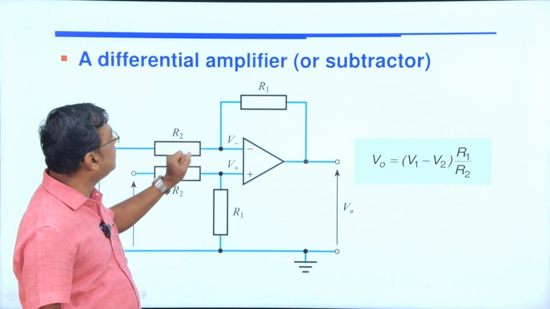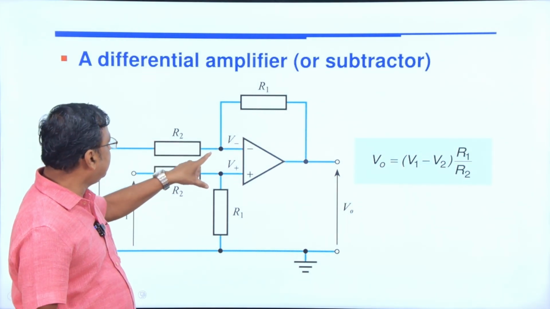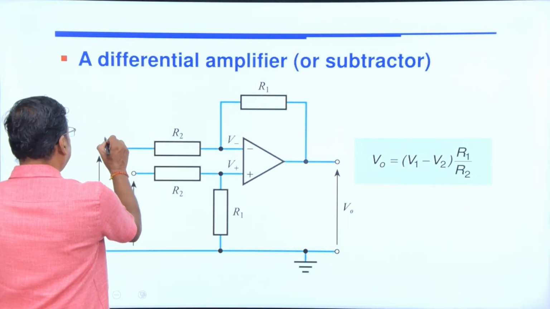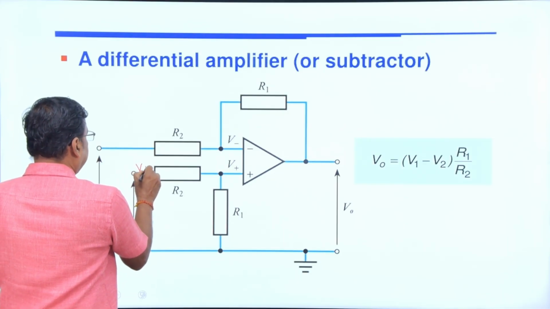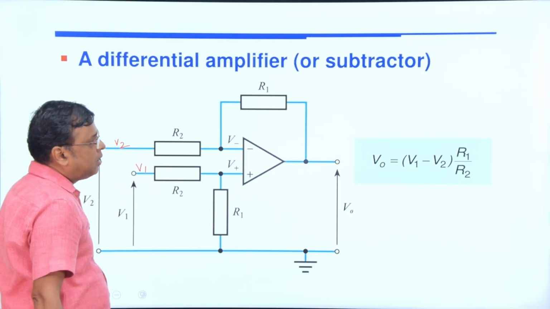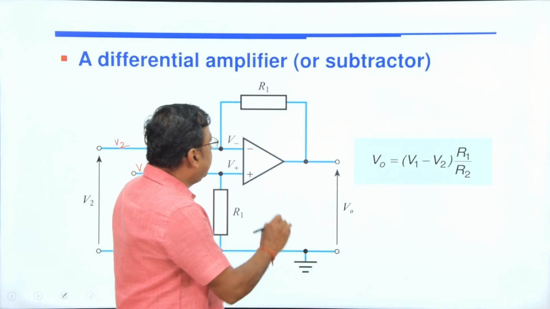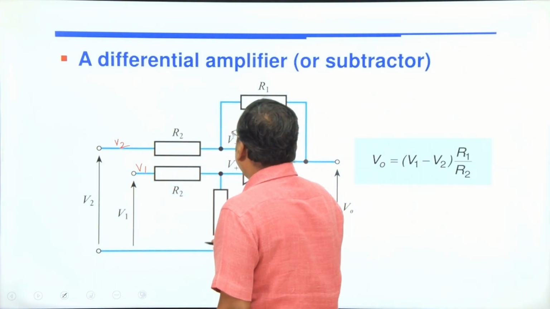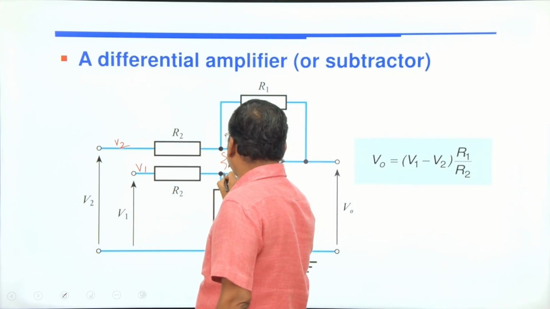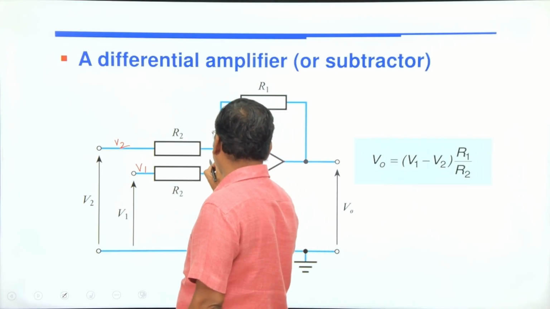Similarly, here in the differential amplifier, you apply two voltages simultaneously. Suppose this is your V2, this is your V1. How will you get V0? In a differential amplifier, this is your difference voltage VD.